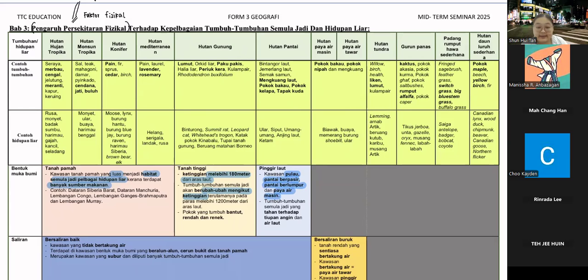They will encourage the growth of certain hutan, certain areas. In the end, we do have another one. You can say tumbuh-tumbuhan tahan air, tahan tiupan angin. This is how you explain the landscape.